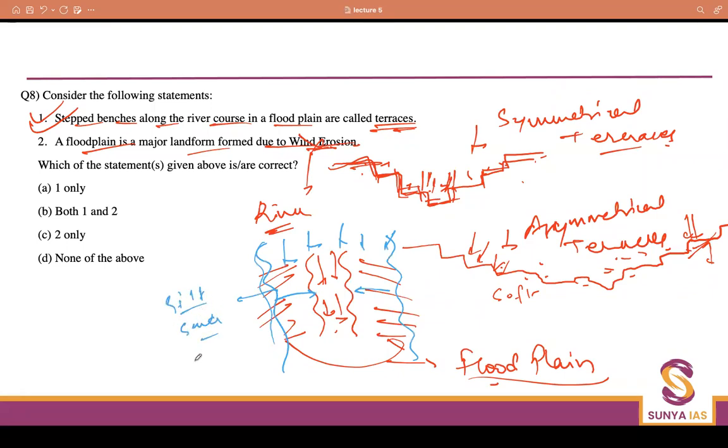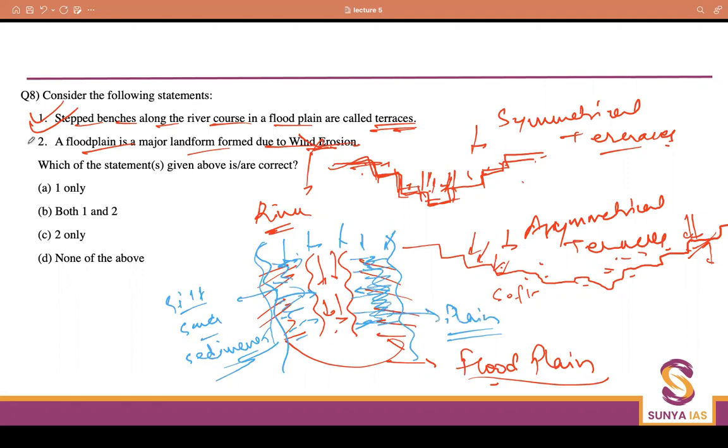So after the flood goes off, the settlement of the silt, sand and sediments in these areas makes them very smooth, and they become plains. So these are called floodplains because they are caused by flood water, and these plains are formed by the deposition of sediments. All right, so these are the floodplains.